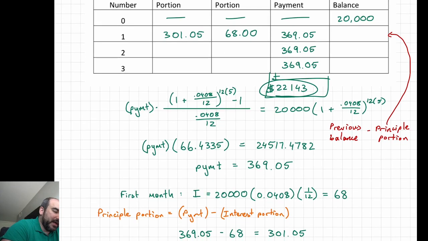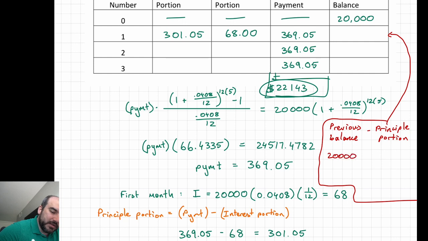So if I take my $20,000 and do a little box here, my $20,000 minus whatever the principal portion was for that month, which was 301.05, that will give me the next balance, which is 19,698.95. So that's what goes in the box here for the new balance.